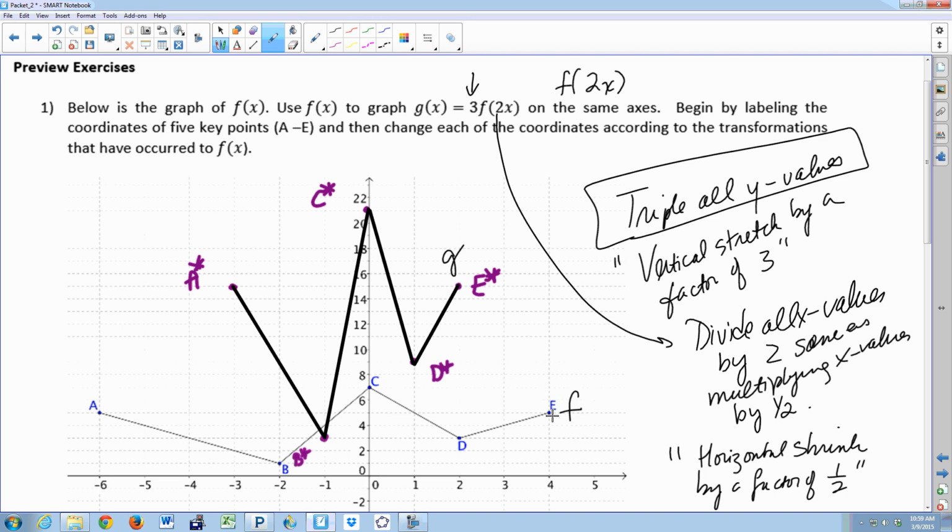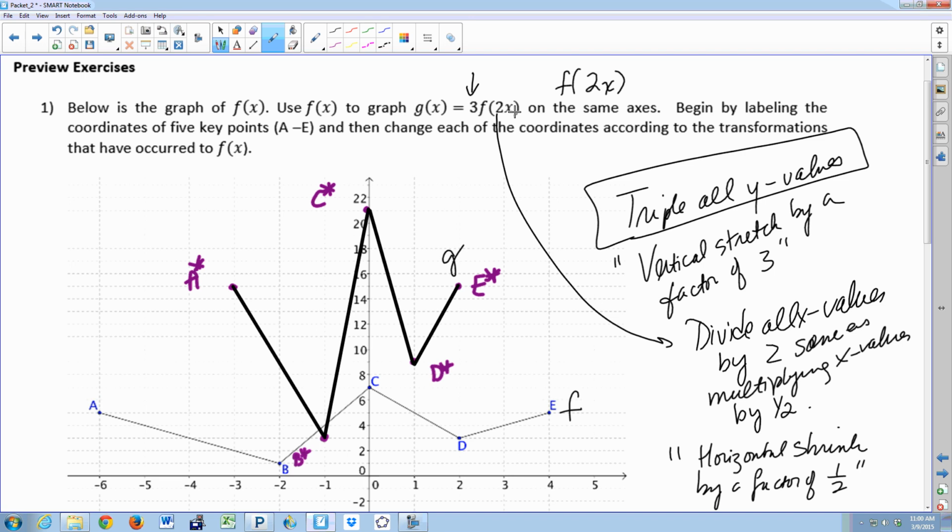Okay. So the only information you know about this function is these 5 points. That's all you know. You don't have a formula to plug it into. So if x is -3, and you put -3 in here, 2 times -3 is -6.